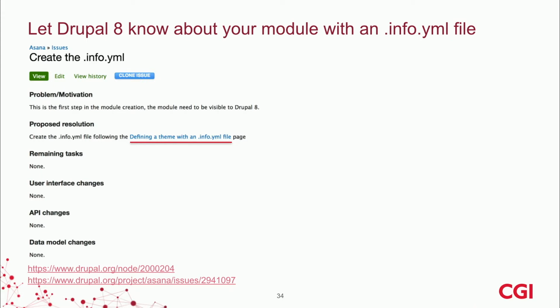It is always useful to put in your issue links or references that will help to solve the problem. In this case, this is a link to the page where you will know how to define the info file.